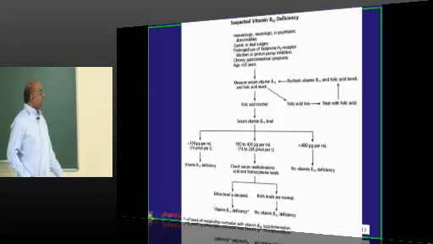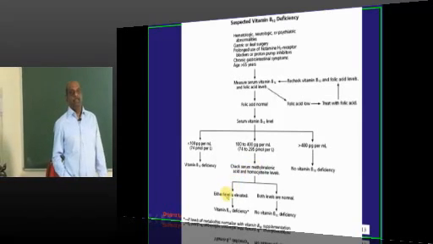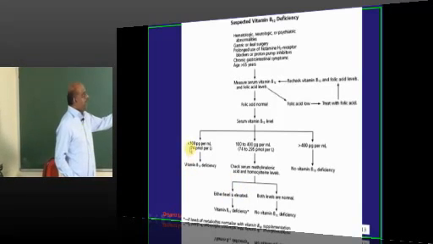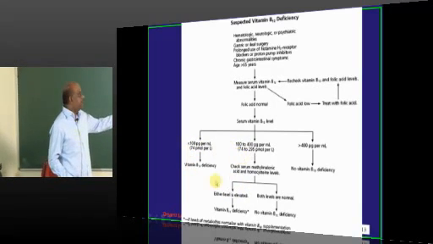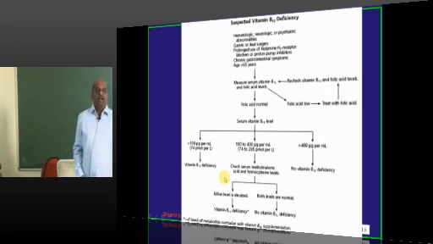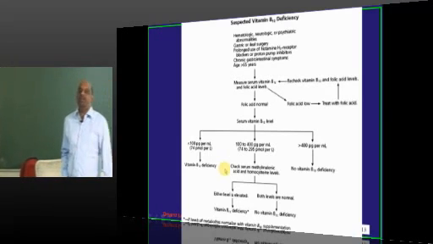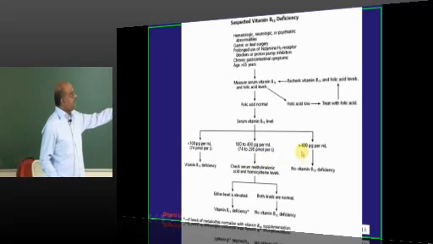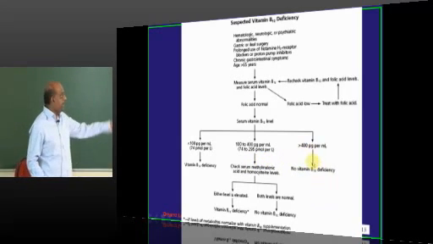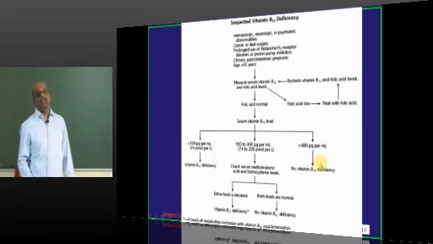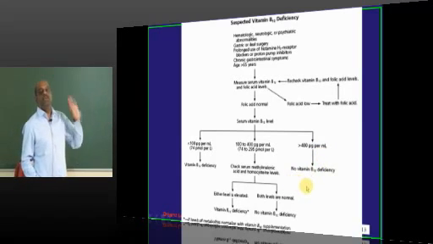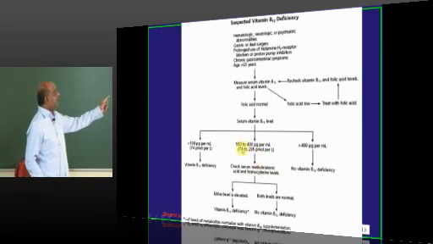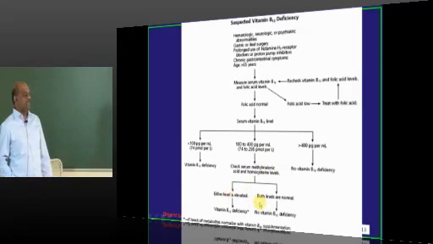Now doctor, what are those levels you are looking for? Whenever it is less than 100 picograms, you call it a definite case of vitamin B12 deficiency, no second thought. If it is more than 400 picograms per ml, then you call it no vitamin B12 deficiency, and 100 to 400 is called borderline between the two.